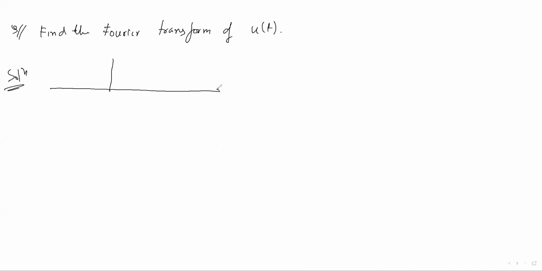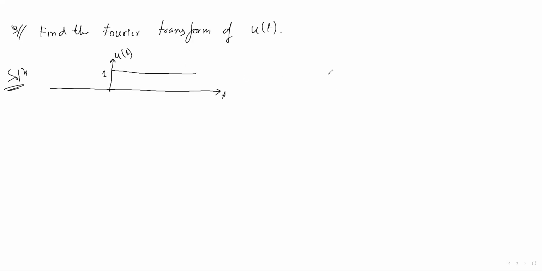Find the Fourier transform of u(t). Solution: what do you mean by u(t)? u(t) is the unit step signal, which is present for positive time duration, and its amplitude is 1.